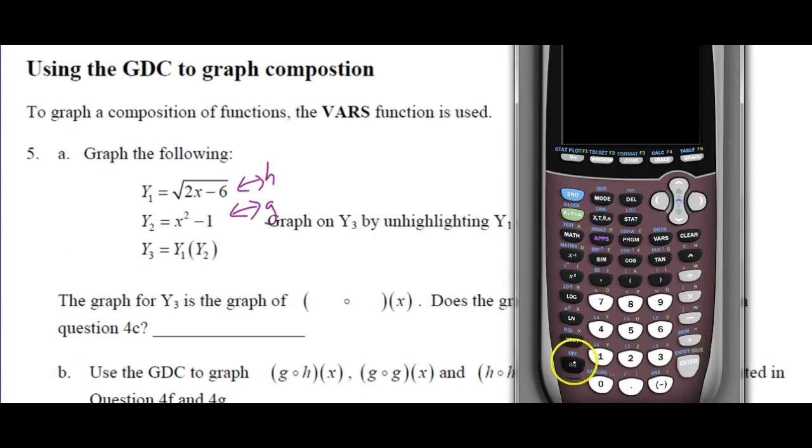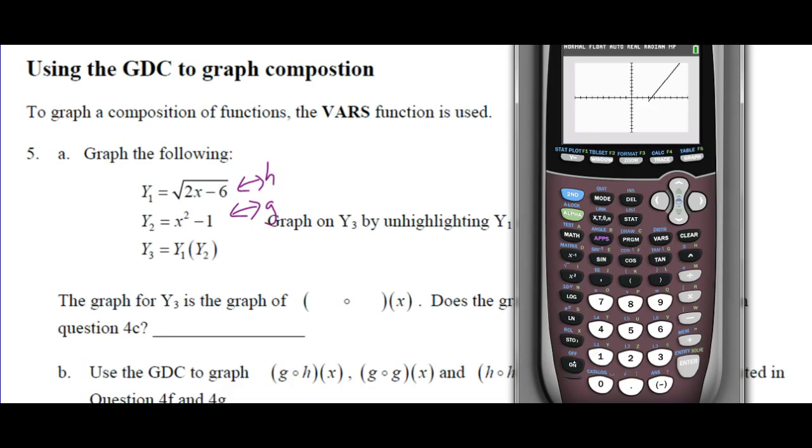So that's one I originally did, so we'll go back to it. I'm just going to press vars, y vars, enter, enter. There's y1, and vars, y vars, enter, down arrow, y2, done, graph.